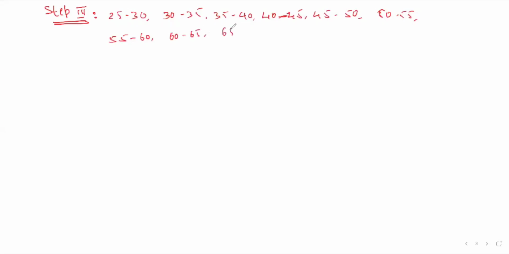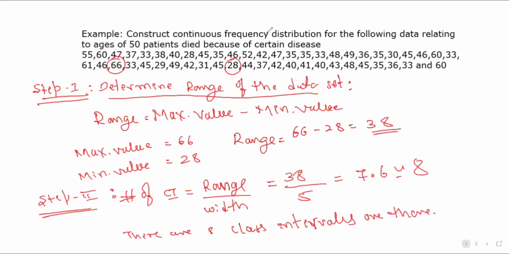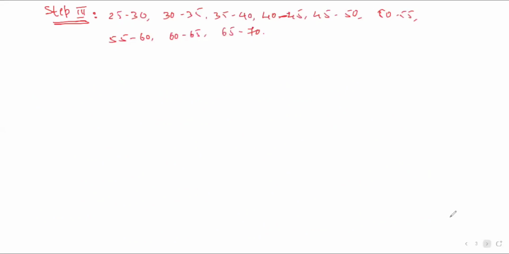At the end, we have 65 to 70. Why do I need to stop at 70? Because the maximum value is 66, so it is sufficient to consider up to 70. Now I need to consider the table. So this was step number 3. Step number 4.